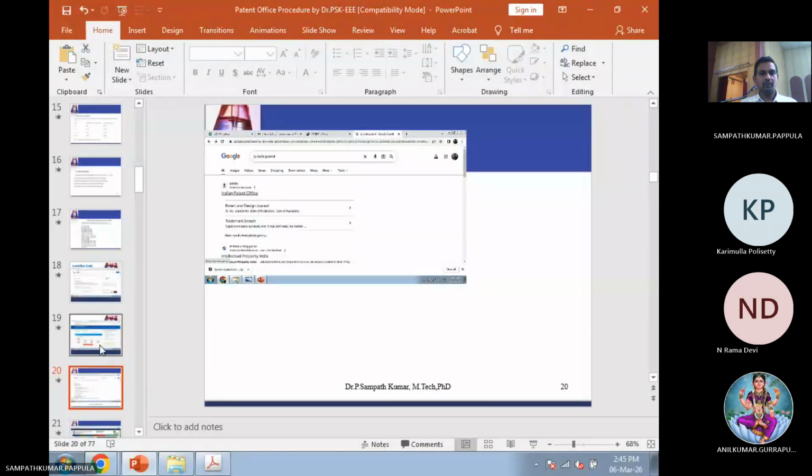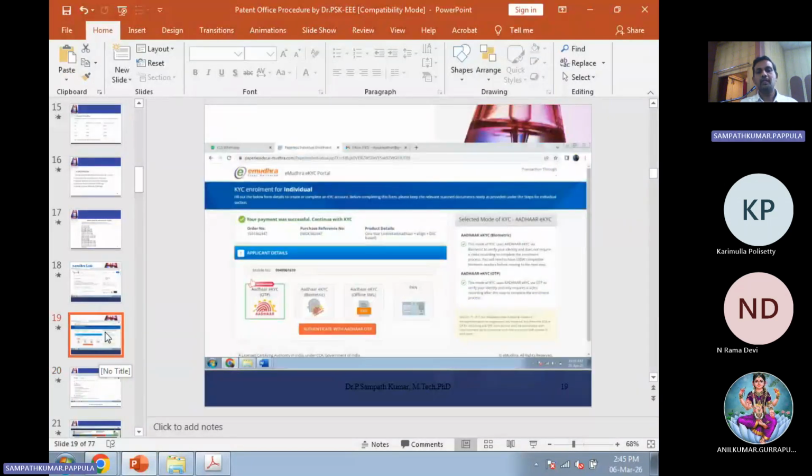right? So here, after getting the e-mudra, meaning a licensed digital signature from the government with your signature, you require your Aadhaar card also, and you need to pay nearly 2,500 rupees for each person.